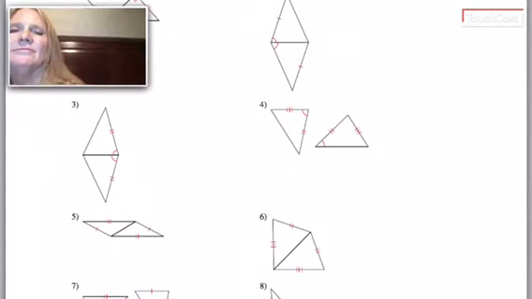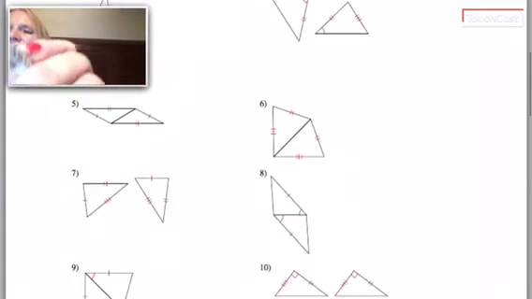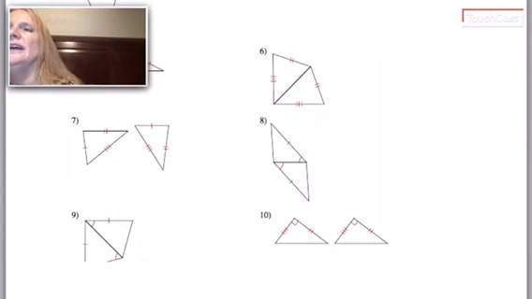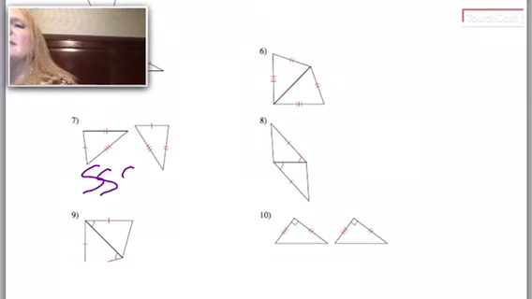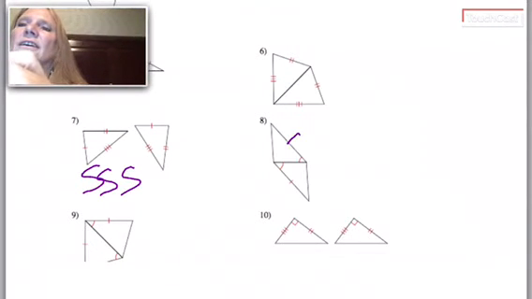Alright, let's continue. Number 7, what do we have? Looks like we have side, side, side. Okay, what about 8? Let's see, I have a side, I have an angle, and I have this side, and in the one below it I have a side, the included angle, and a side.